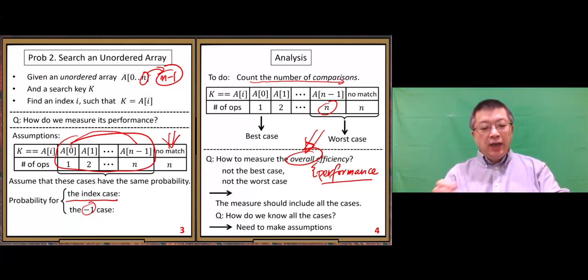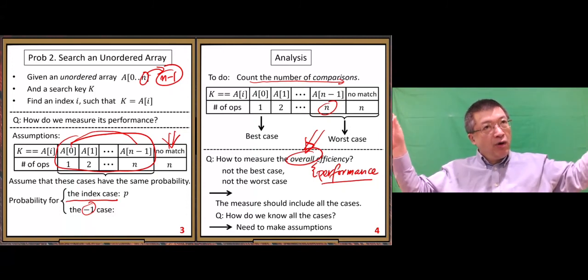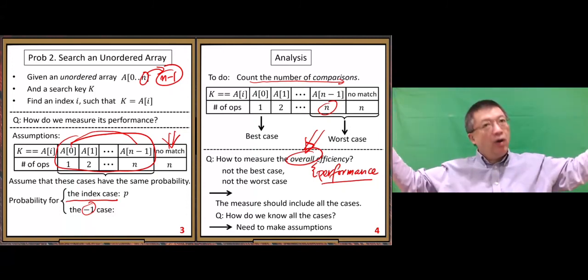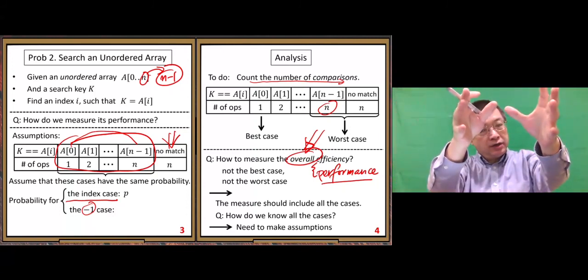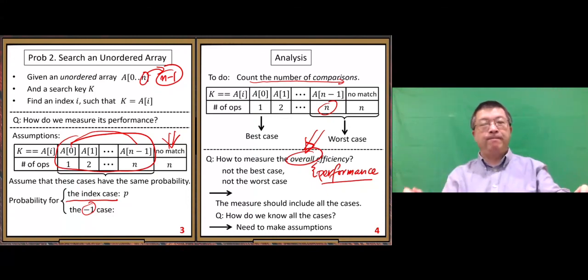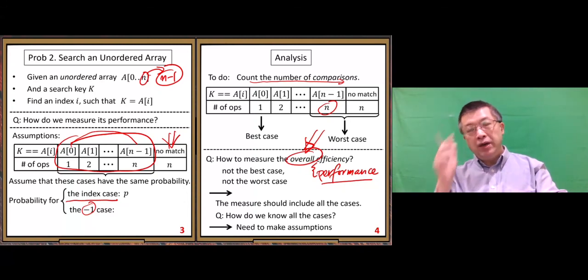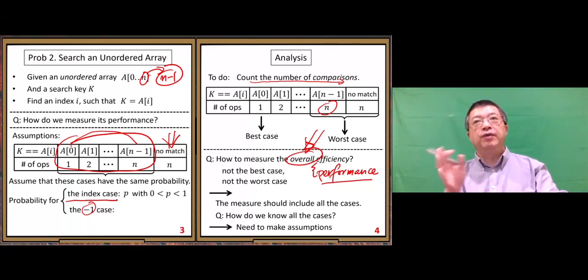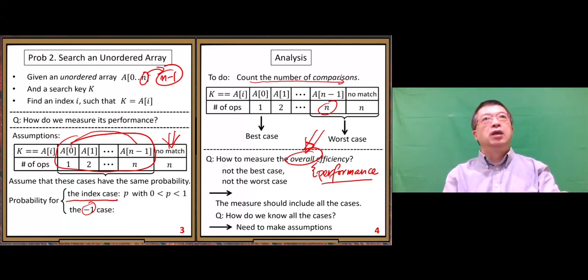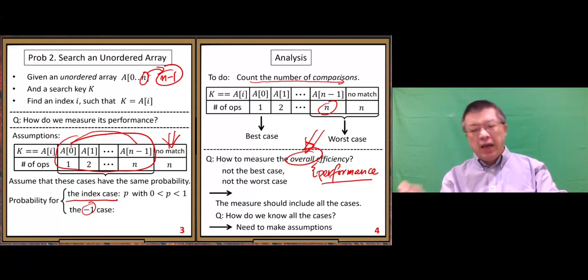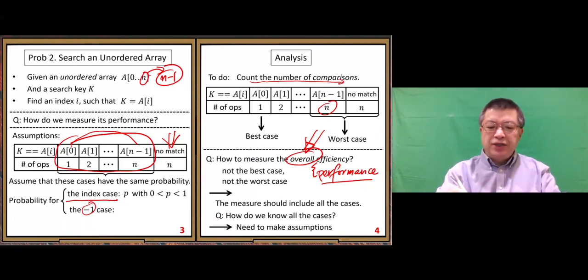Now we assume the probability for the index case. That means we put all index cases together, all possibilities of index case together. That's the P. That is a number P. The probability P should be between 0 and 1. More precisely, I may like to put equal.